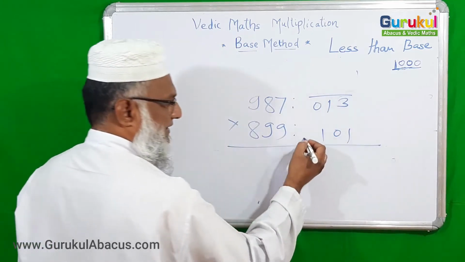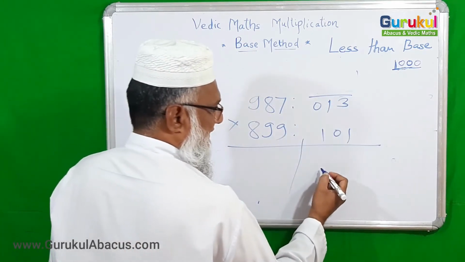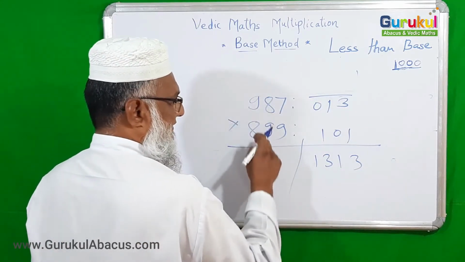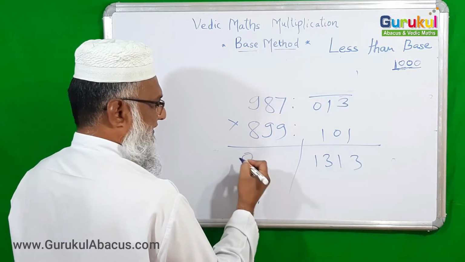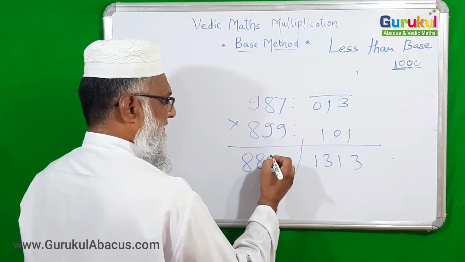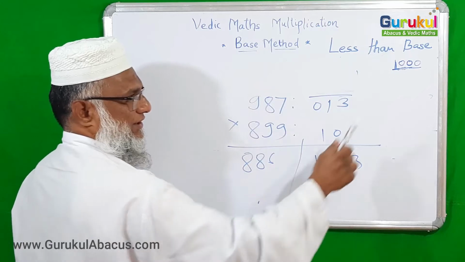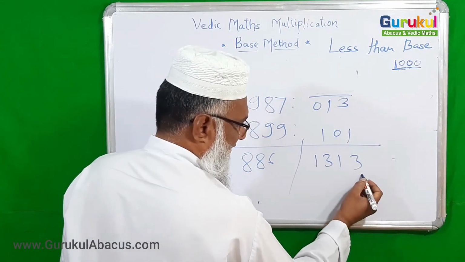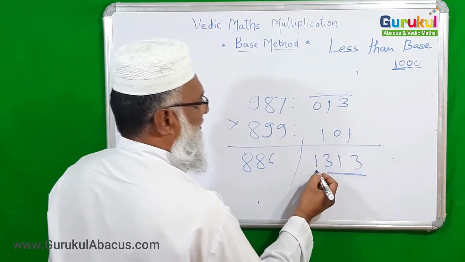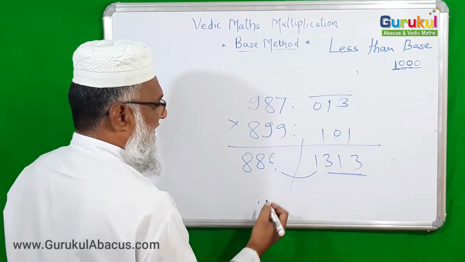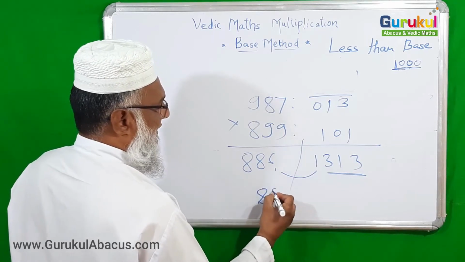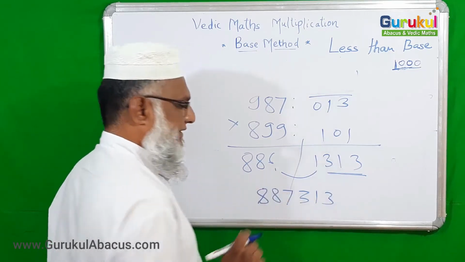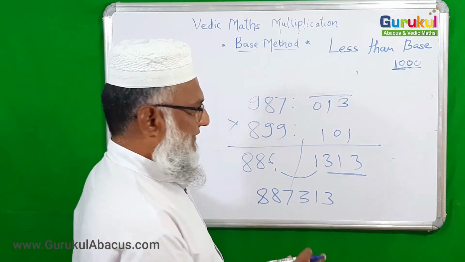Okay, now the multiplication of the right side is 1313, and now we can subtract this much from it. Answer is 886. Okay, here the base has 3 zeros. Here we got a 4 digit number, so we need only 3 digits. So this digit we are transferring here. So the final answer we are getting is 887,313. That's it.